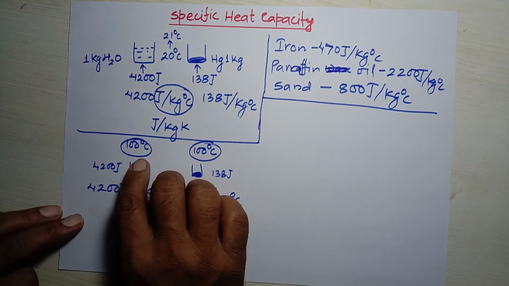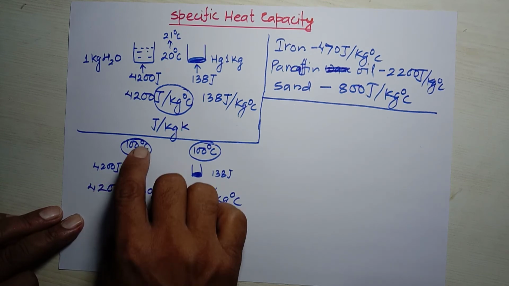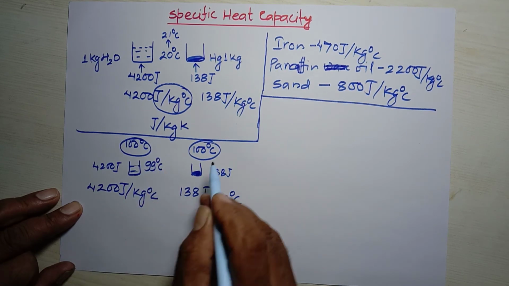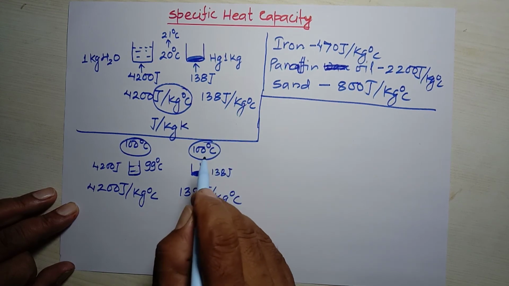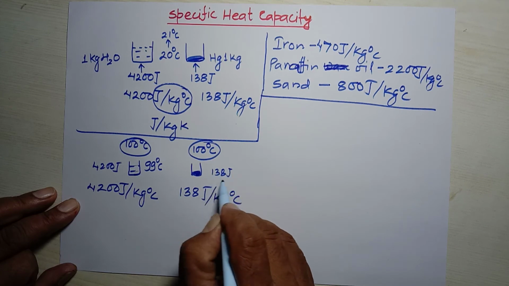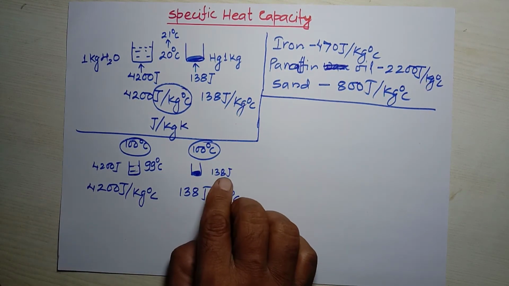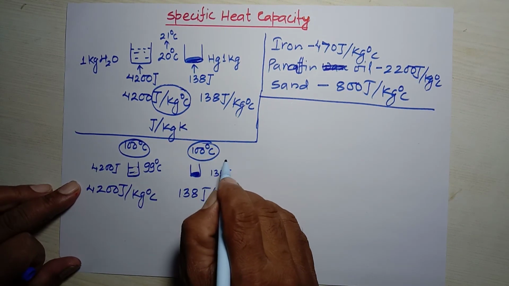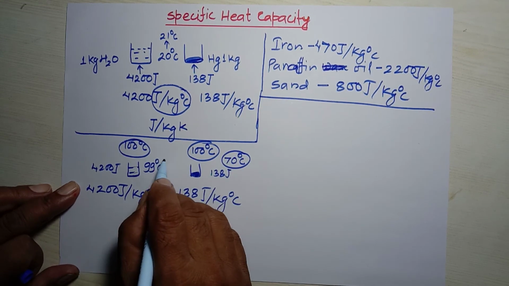If it takes 5 minutes to release 4200 joule heat energy by 1 kilogram of water, then its temperature falls down to 99 degrees Celsius. And if mercury, from 100 degrees Celsius within 5 minutes, in the same environment, also loses 4200 joule heat energy, then roughly how many 138 is contained in 4200? Let's say 140, 14 3 42, means 30 degrees Celsius temperature will fall down. Its final temperature is around 70 degrees Celsius.